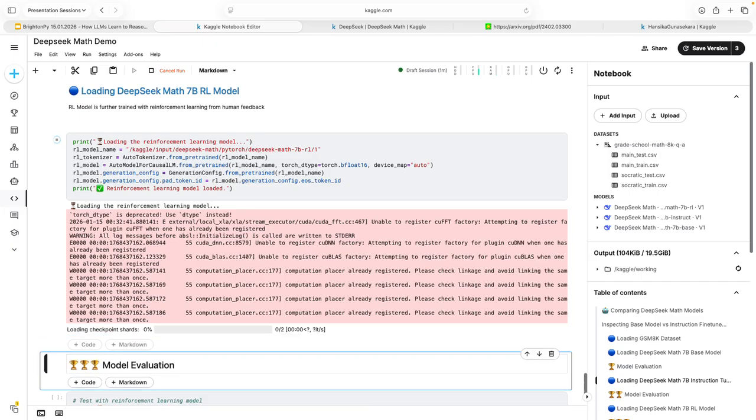This DeepSeek math reinforcement learning model is trained on the foundation of the DeepSeek math instruction fine-tuned model. It utilizes the group relative policy optimization algorithm, which was initially proposed by the DeepSeek frontier research lab.